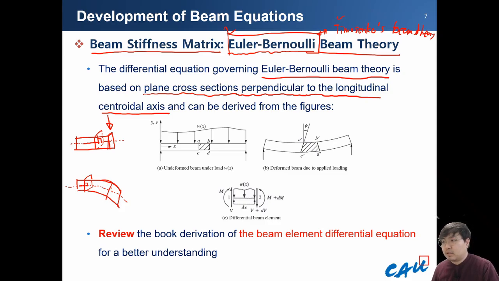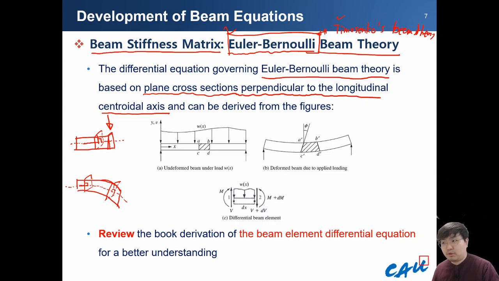However, the plane cross section is always perpendicular to the longitudinal central axis. I don't have a technique to draw good quality images, but this is the assumption of the Euler-Bernoulli beam theory.